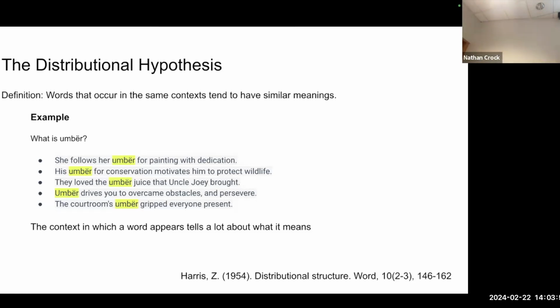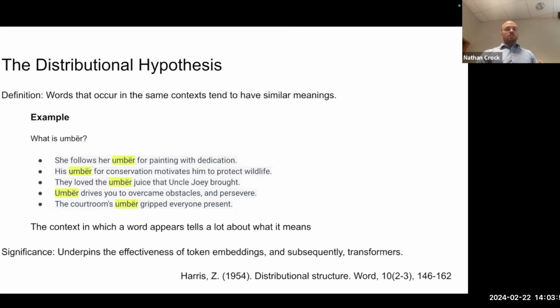All we needed to see was the co-occurrence of words to figure out what another word means. The significance is that this concept underpins those token embeddings, those vectors. And then inside large language models, there's lots of vector-vector multiplication, which you know is like cosine similarity. You can measure how similar two vectors are in a high dimensional space by taking their inner product.